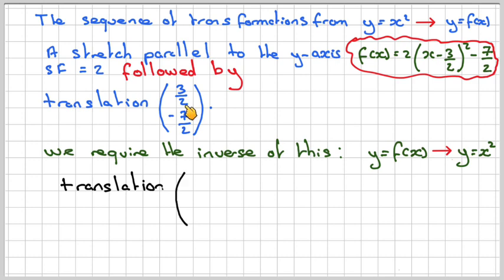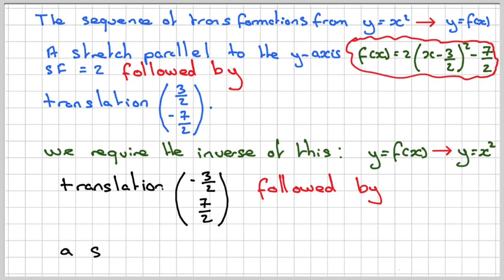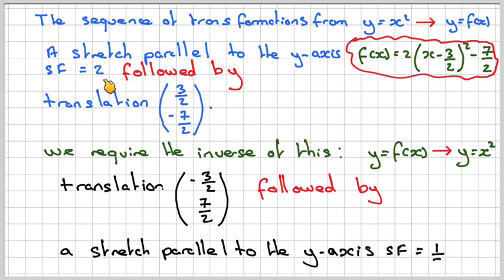We'll need to change the sign of that one, so it'll be minus 3 over 2, and then make that one positive, which is 7 over 2, followed by the same stretch, parallel to the y-axis, except the scale factor will now become 1 over 2, the reciprocal of 2.